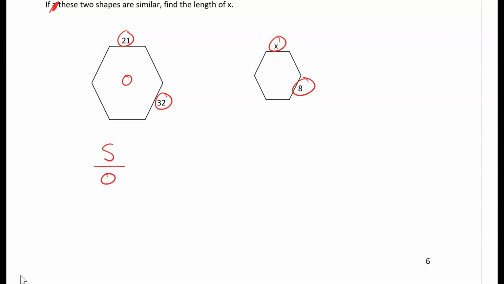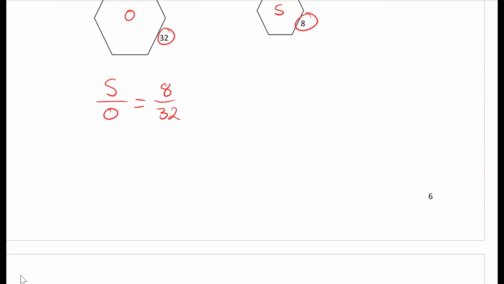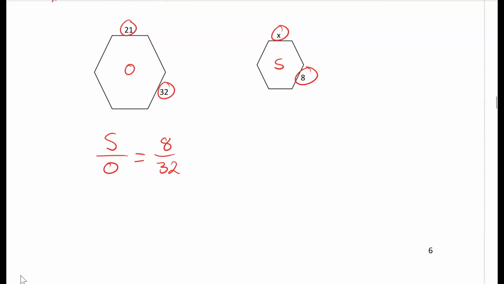If we call this our original and this our scale because we're trying to find our shrunken object, we would have 8 over 32, and then our corresponding sides on the top would be X, because that's our scale, and our original was 21. Now what we've set up is a cross multiplication to solve for our unknown value.